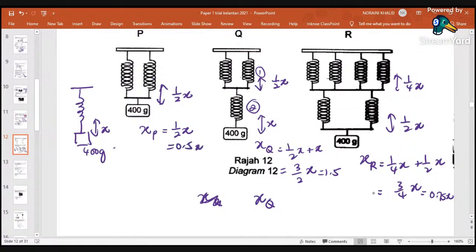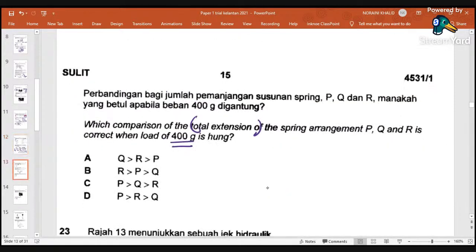So you can get the value. You can see XQ is longer than XR, longer than XP. Q more than R, more than P. Answer A.